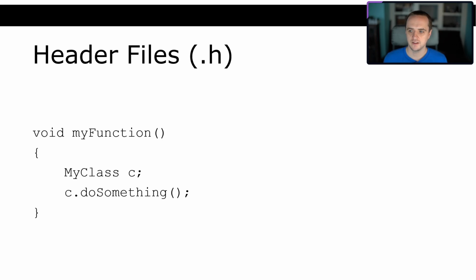So let's say that I have a function, void myFunction, and this appears somewhere in my code. It doesn't matter where it appears. Inside that function, I'm going to declare a variable of type MyClass. So I'm going to say MyClass c, and that will set up a new object of MyClass, and then we're going to call a function on that object. So somewhere I have to have defined or declared this MyClass function, right?